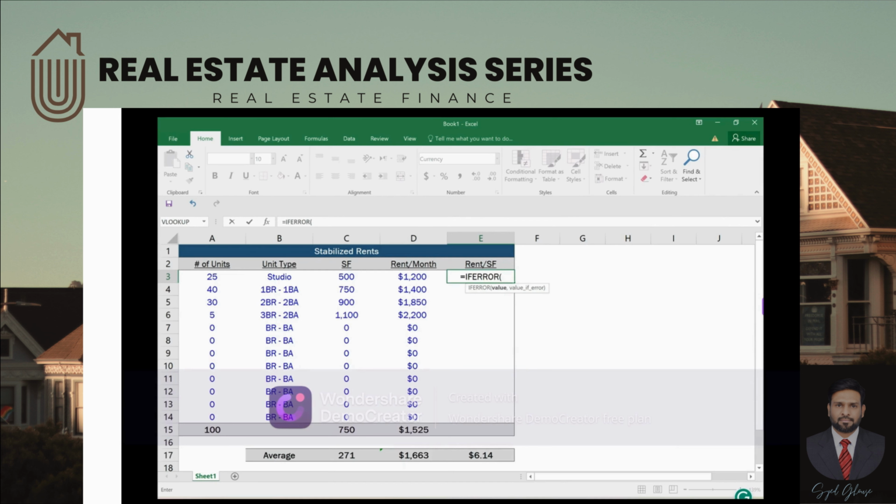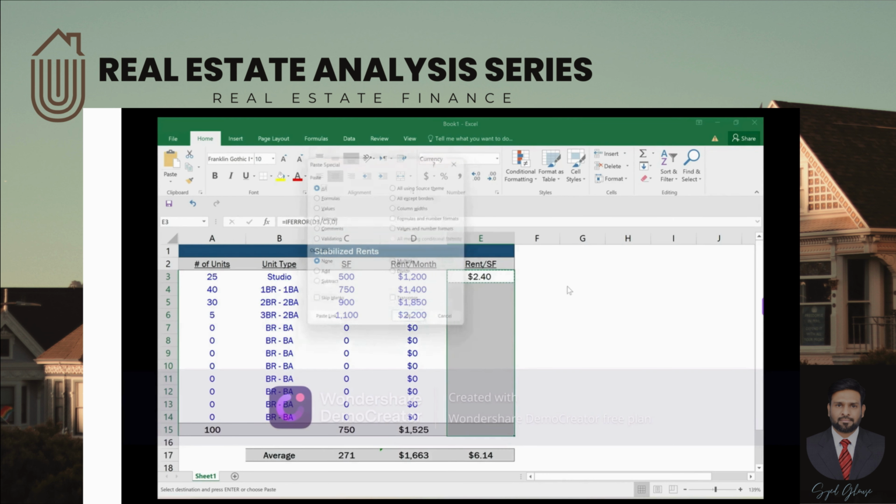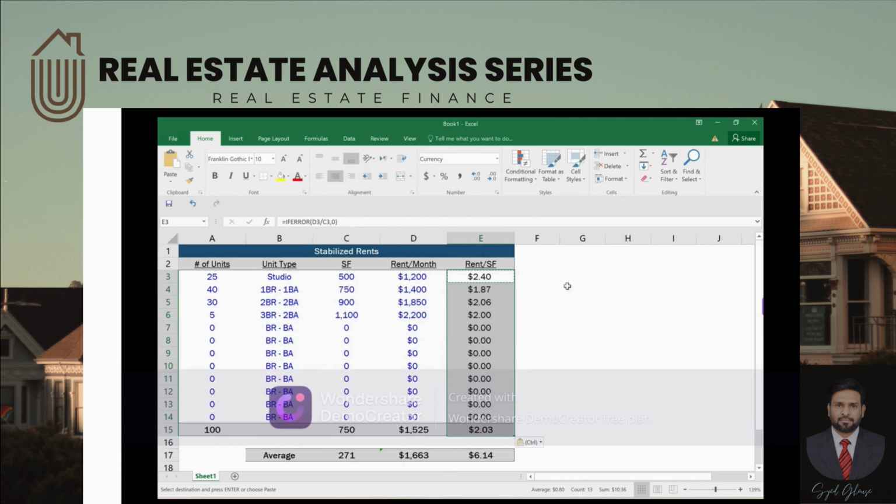So our formula is rent per month divided by total square feet, comma, if at all there is an error, the IFERROR formula gives me 0. It's 2.4. Let's copy across all the cells to paste the formulas.